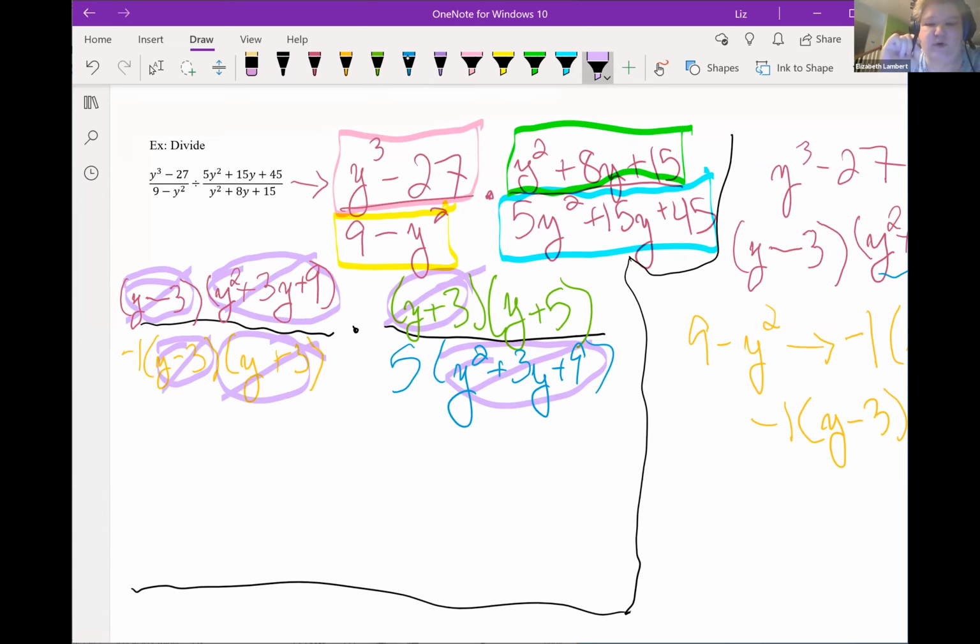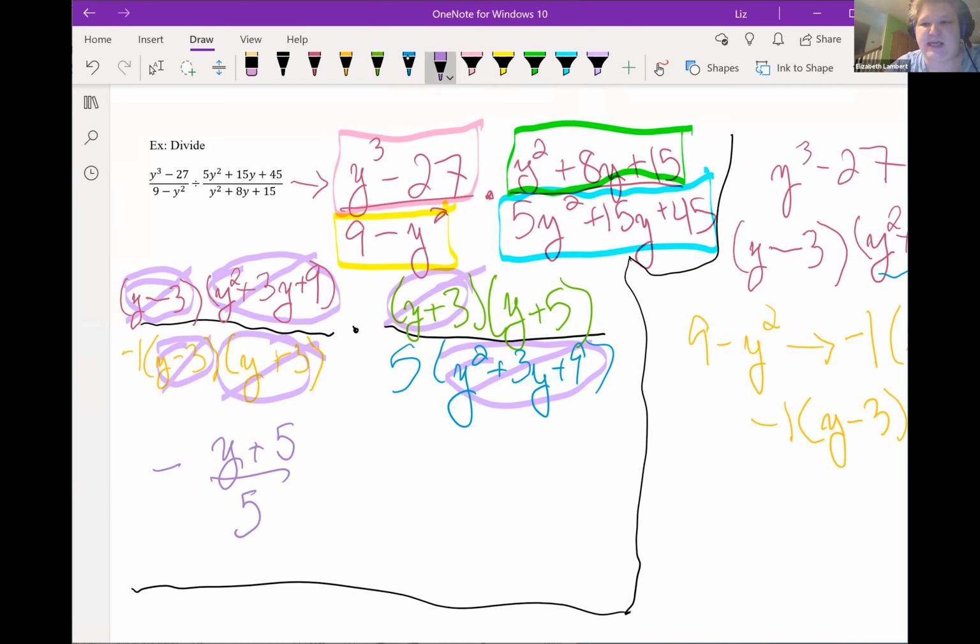So I got a negative, a y plus 5 over 5. So that's what we're going to write, negative y plus 5 over 5. You can type it like this. There's a catch.